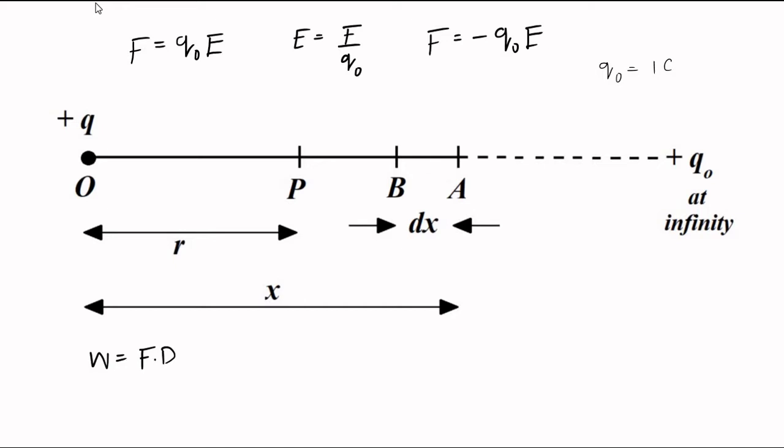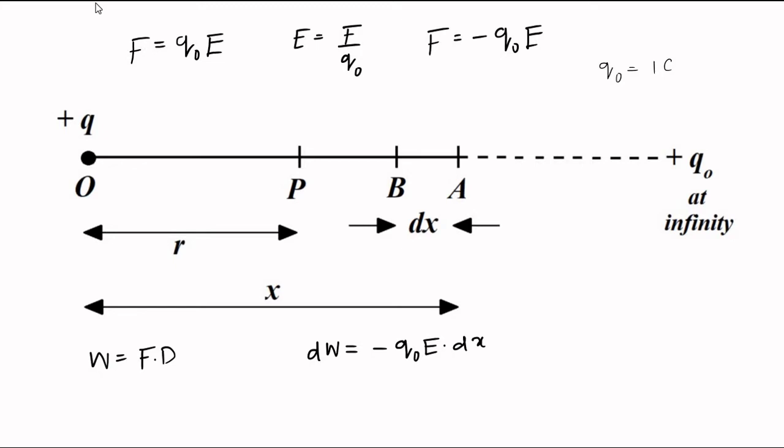Let us say the test charge is at A, and it is moved by a very small distance dx from A to B. For that, the small amount of work which has to be done, let's call it dW, will be the force minus Q0 E, the opposite force, multiplied by the displacement dx. dW is equal to minus Q0 E dx.